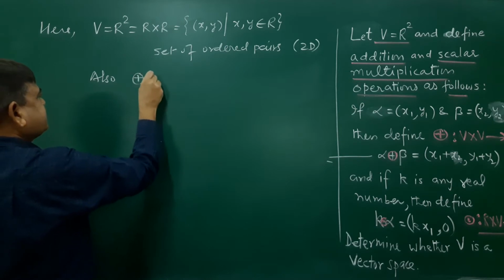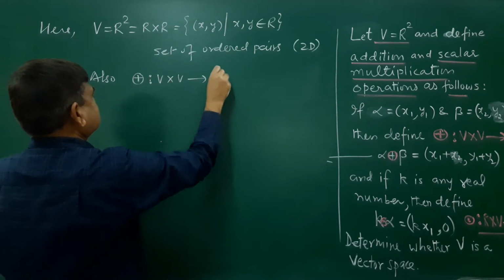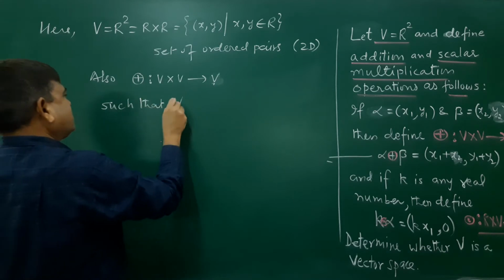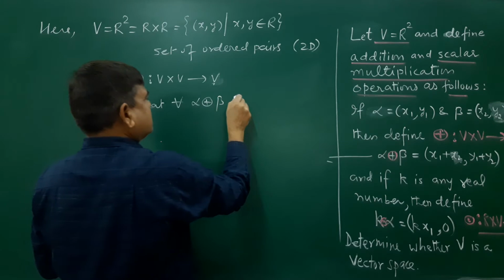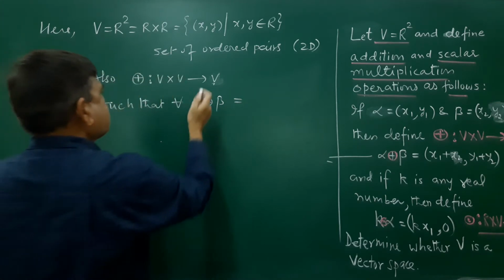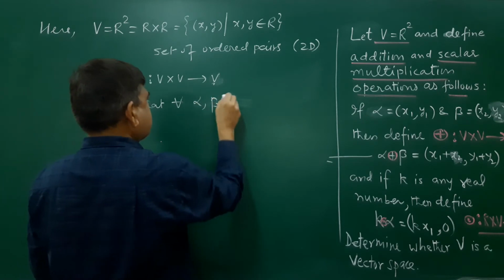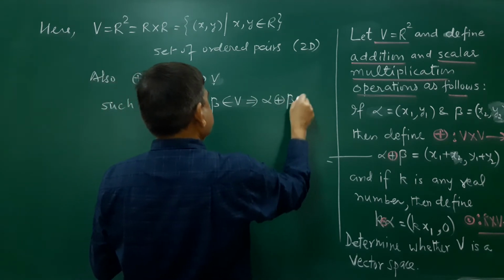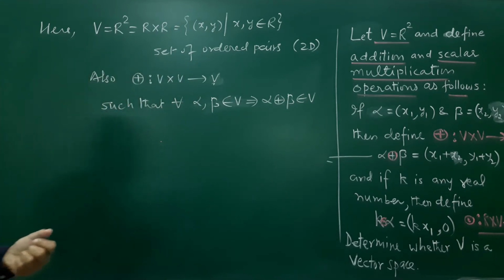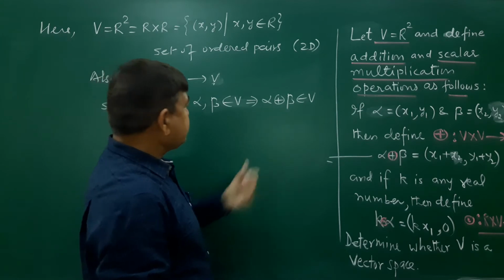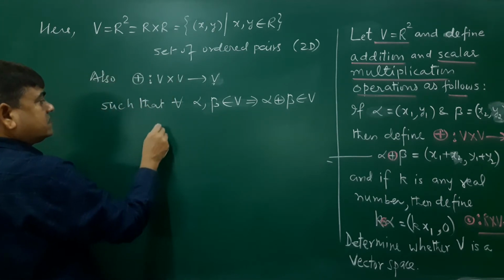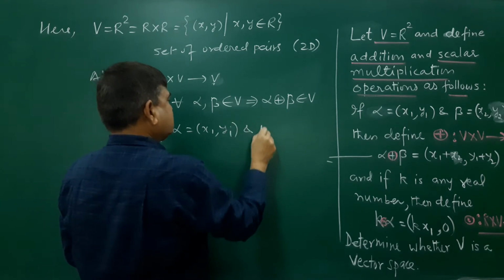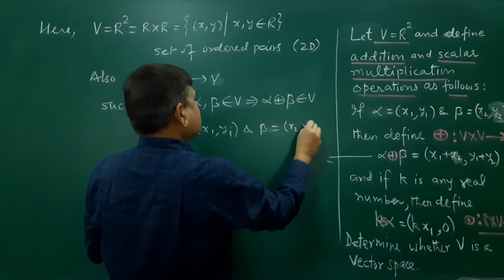Also, such that for all alpha, beta. Okay, you can see here alpha is (x1, y1) and beta is (x2, y2).